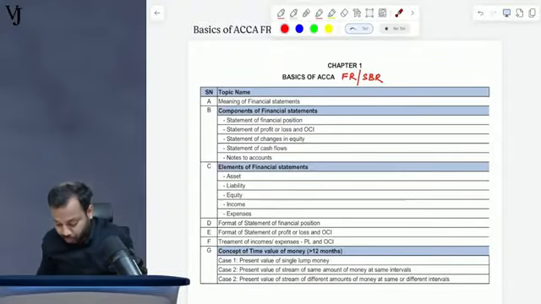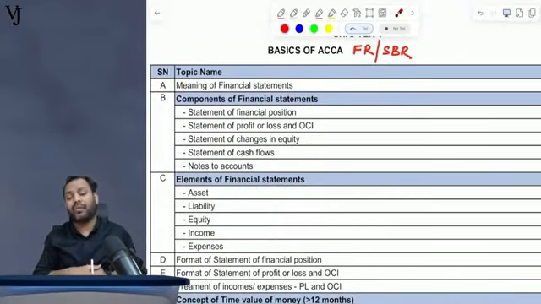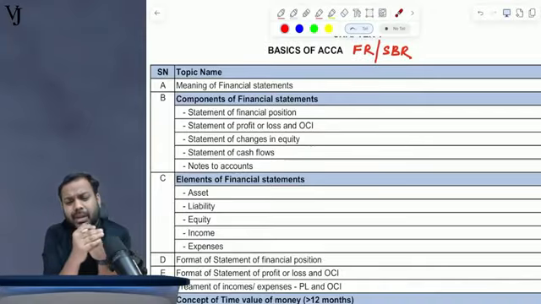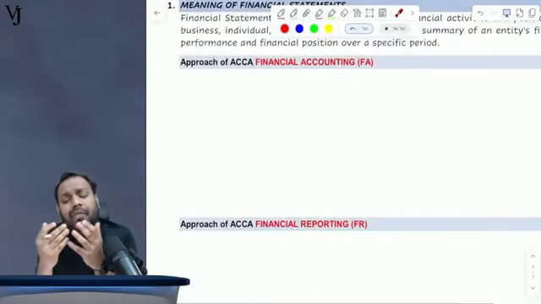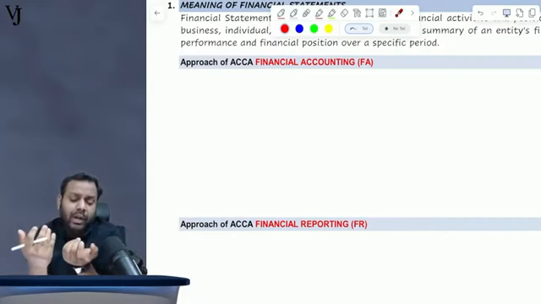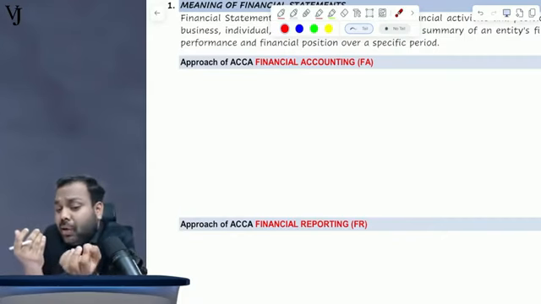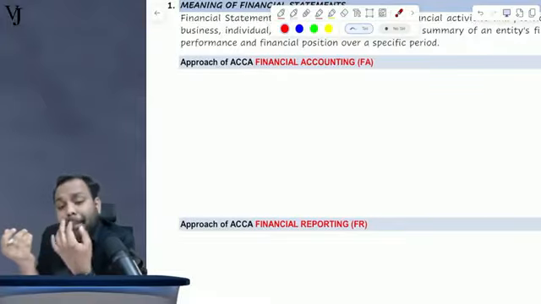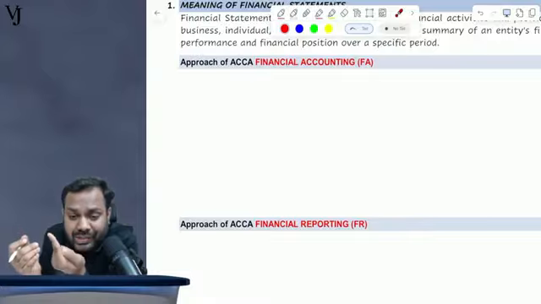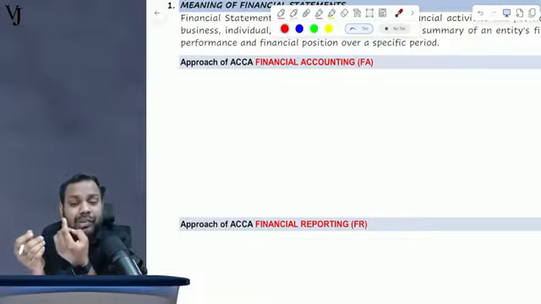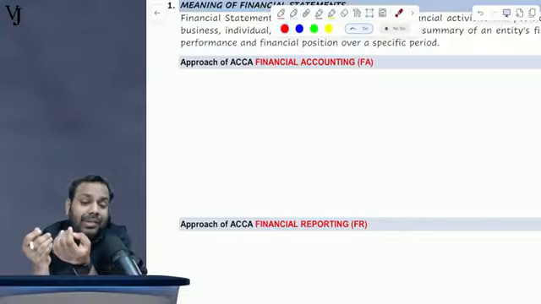Now, point number one, meaning of financial statements. What exactly is the meaning of financial statements? Financial statements are the set of books of account which comprises statement of financial position, statement of profit or loss, statement of changes in equity, statement of cash flows, and notes to accounts.